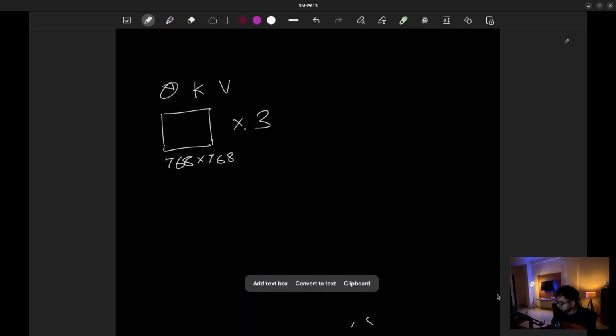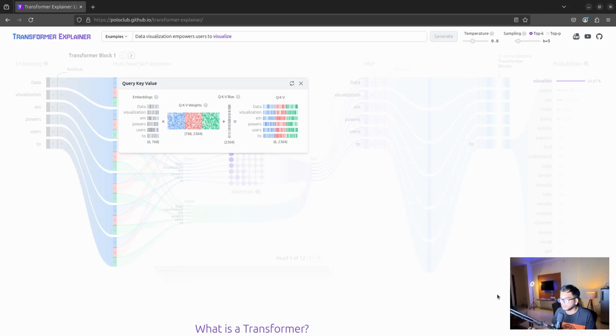These are the weights in this matrix, and it has a bias also that has 2304 values. This 2304 is 768 multiplied by 3, so you get 2304.